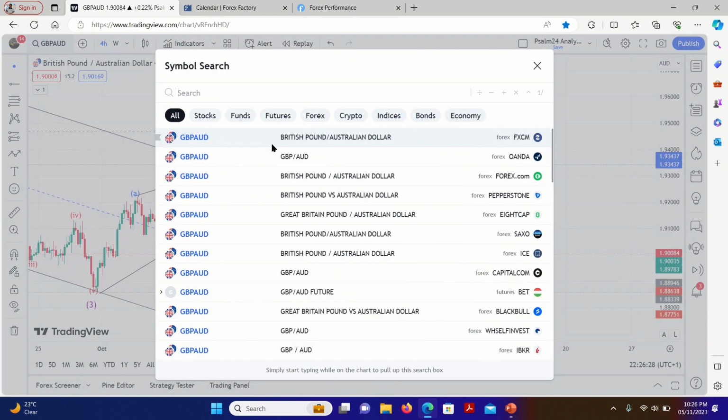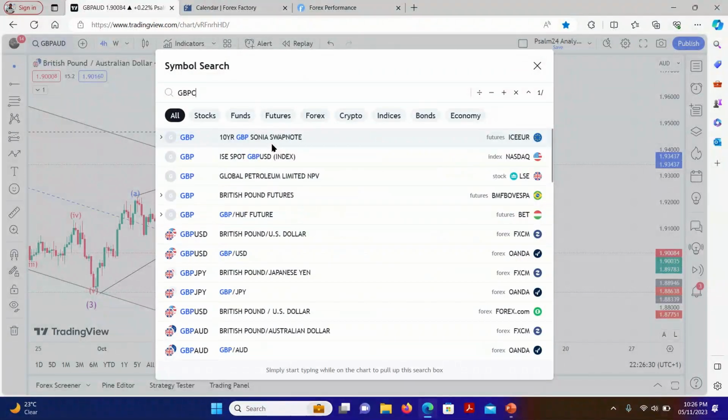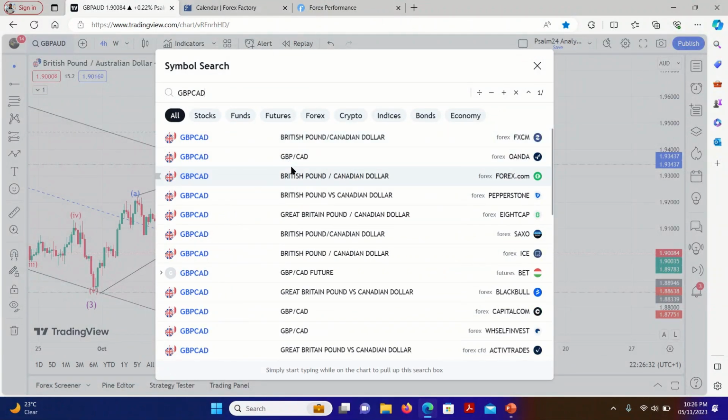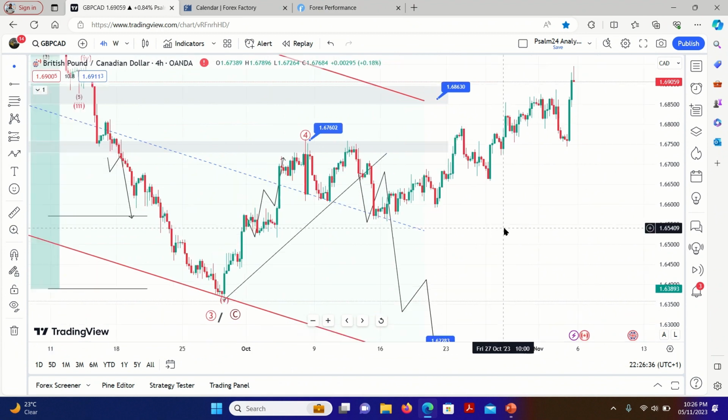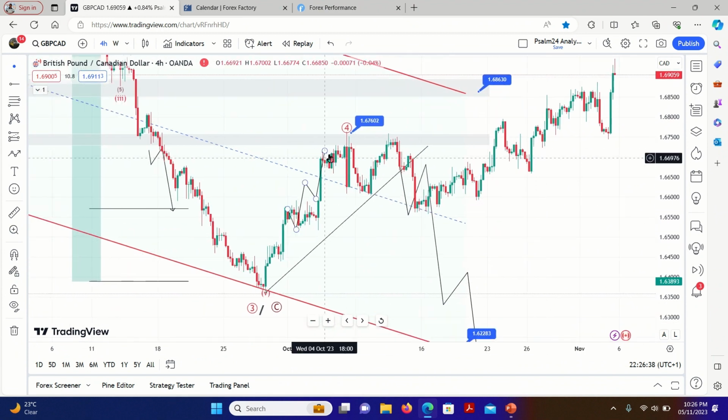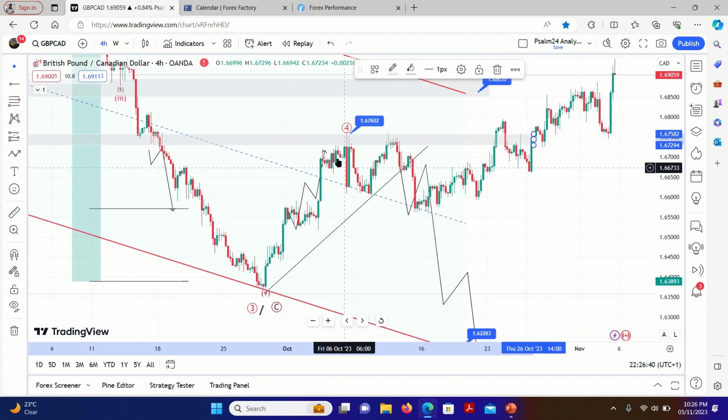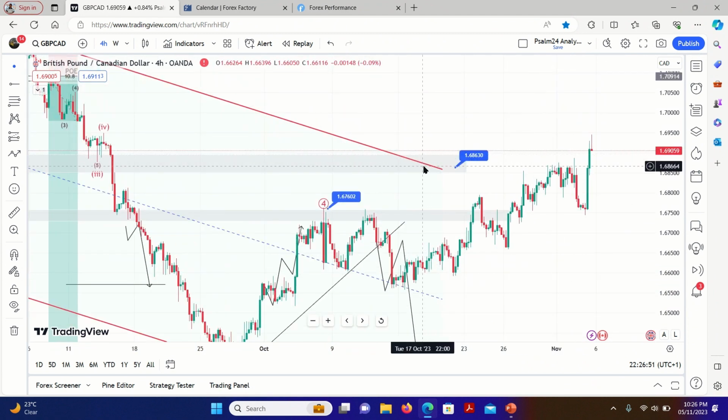Then GBPCAD, last week I think the NFP invalidated this outlook. We said there was going to be a breakout. We got that breakout from here, and then the market moved a bit in our favor before moving away, and this market was invalidated here.